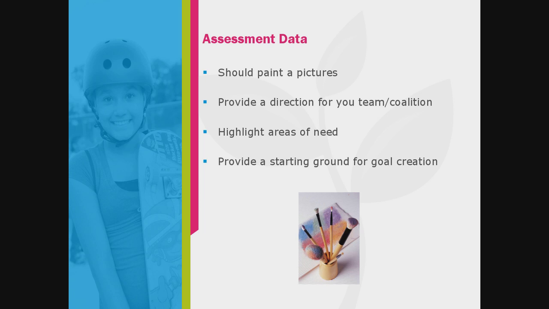So if we're looking at results from an assessment that you did and you saw that safe sidewalks was a huge concern within your community, then that data could help provide that direction of maybe we need to look at sidewalks, or maybe we need to look at crossings within the community if you're seeing a high rate of pedestrian injuries. The assessment data will highlight areas of need, and as well, it will provide a strong ground for goal creation when you're trying to figure out where you want to go.